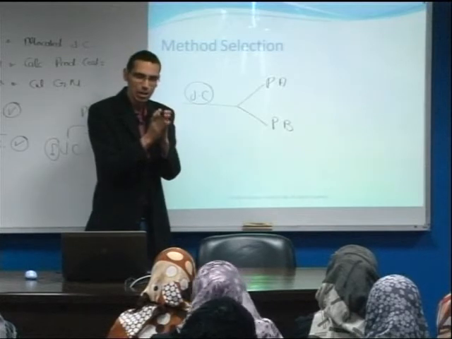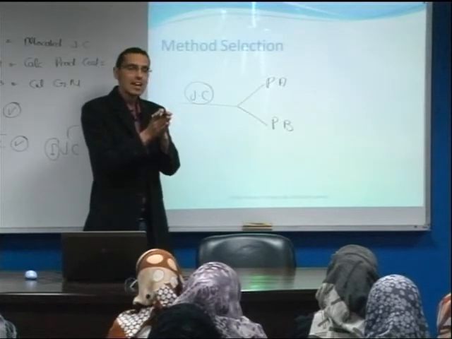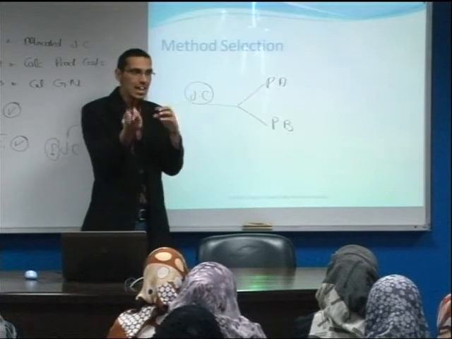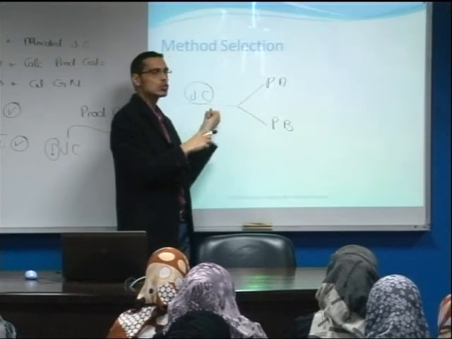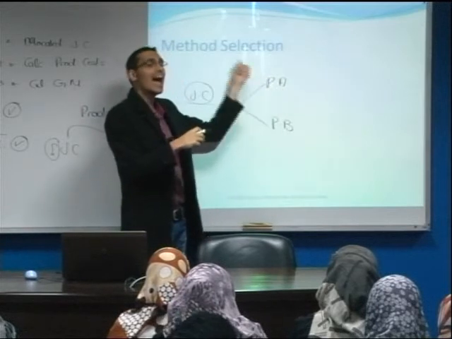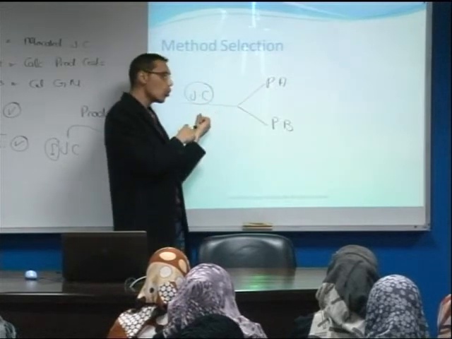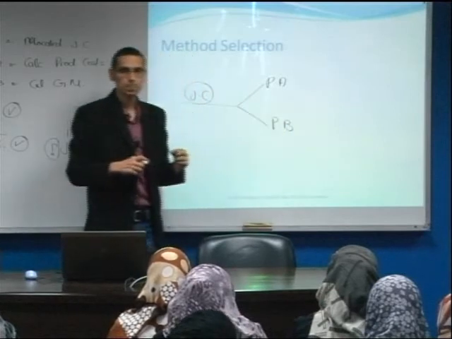We need to find an allocation base that has a cause and effect relationship between the joint cost and product A, as well as the joint cost and product B.